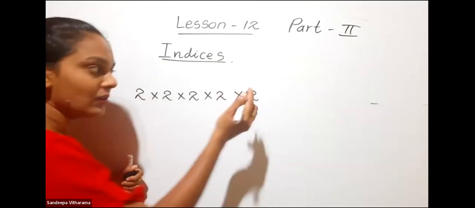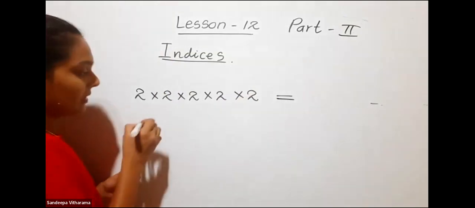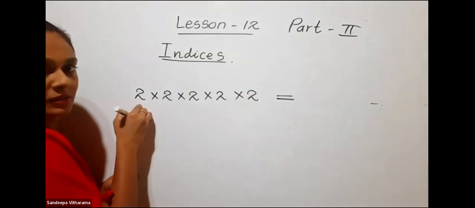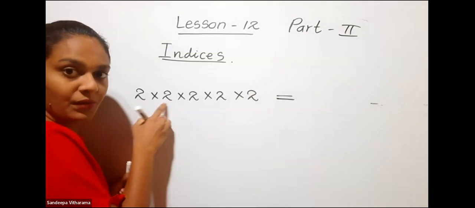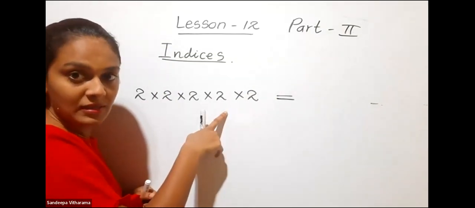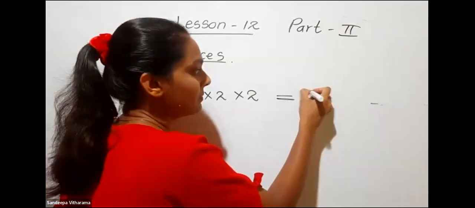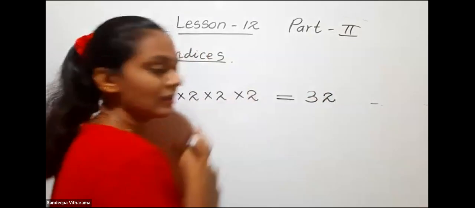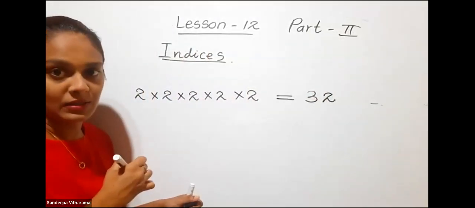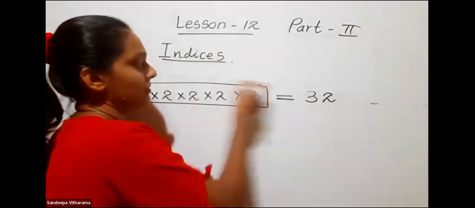I multiply 2 repeatedly 5 times, and I can obtain an answer for this multiplication. Then it is 2 into 2, 4. 4 into 2, it's 8. 8 into 2, it is 16. 16 into 2, it is 32. Then I can obtain an answer for this repeated multiplication. But for this particular expression, what is this?